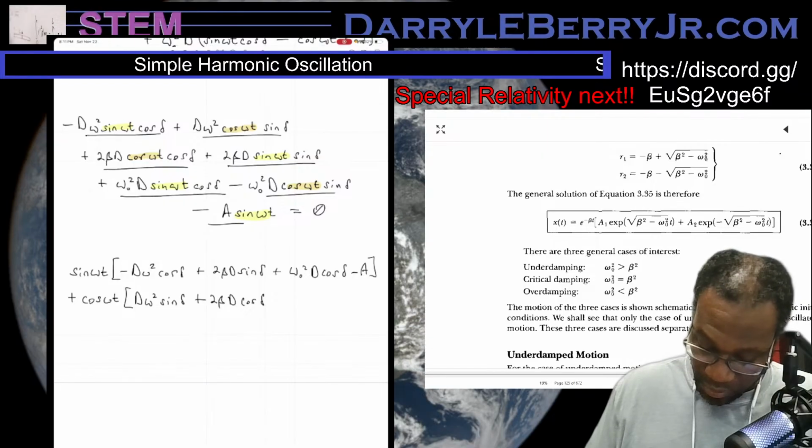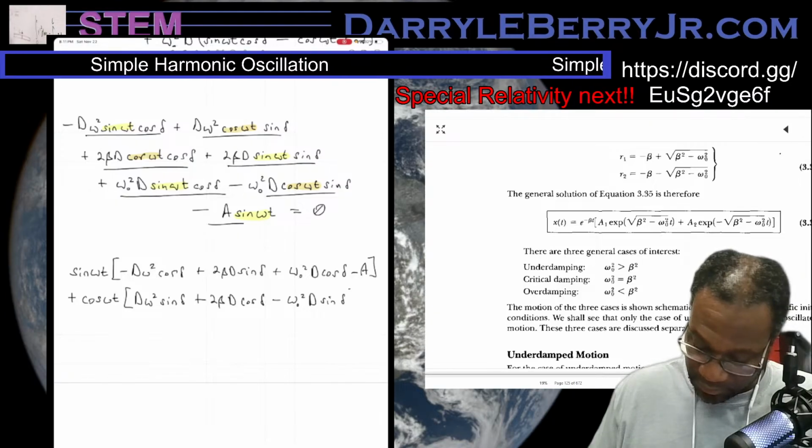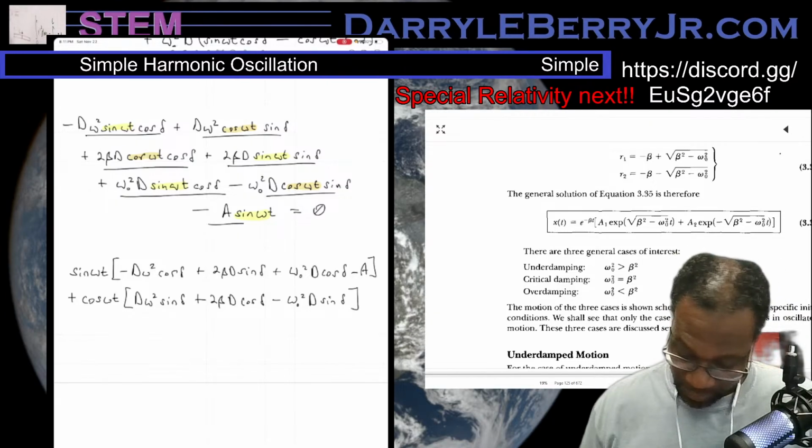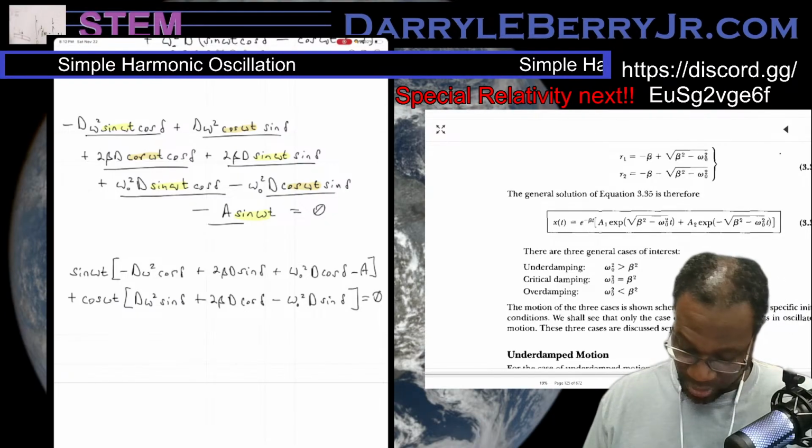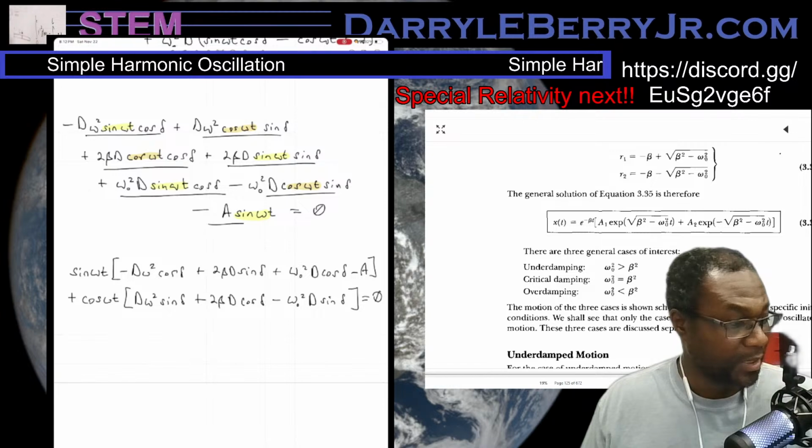And I just have one more for that. So I have minus omega naught squared d sine delta. Right. And this all still equals zero. So now I'm getting closer to solving this thing.